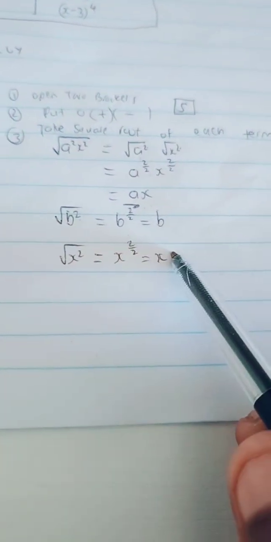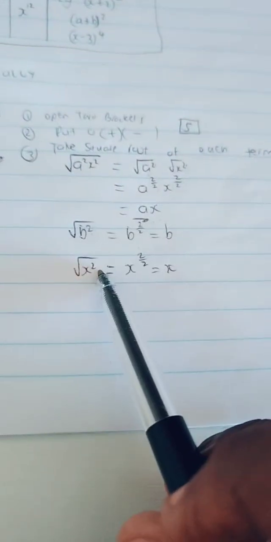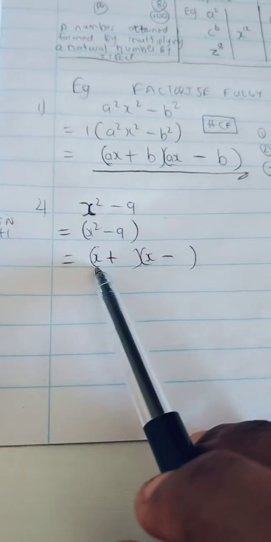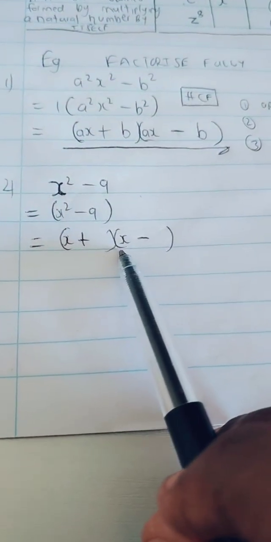So we're going to say the square root of x squared is what? I know most of you know this already, guys, but I'm just explaining this out for those that want to see what it is that we do. So obviously this is x to the power 2 over 2, and 2 divided by 2 in the exponent is 1. Therefore we write x and x, because the square root of x squared gives us x. Then what about the square root of 9?